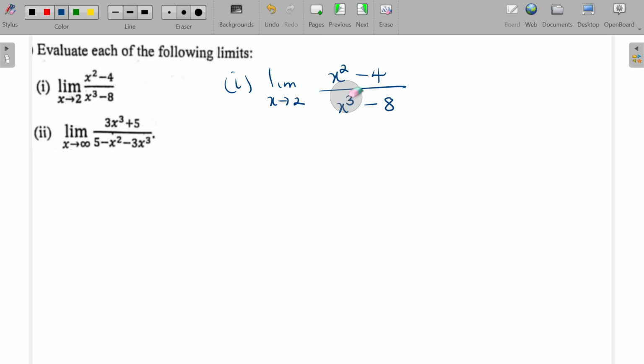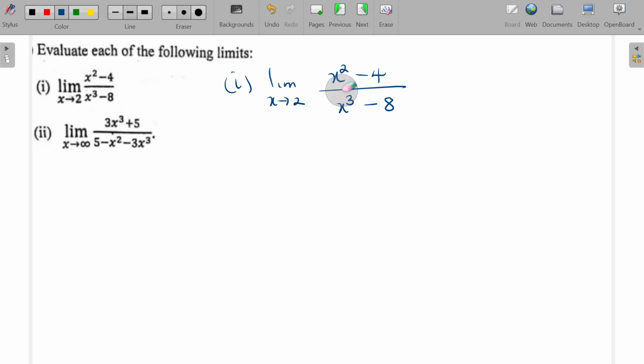So those similar equations have to cancel in the numerator and in the denominator.